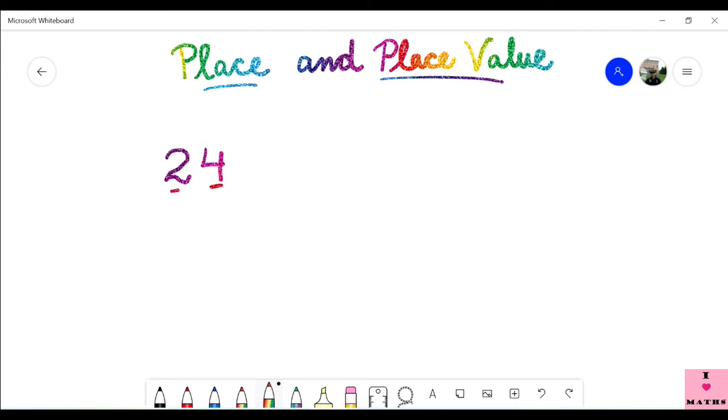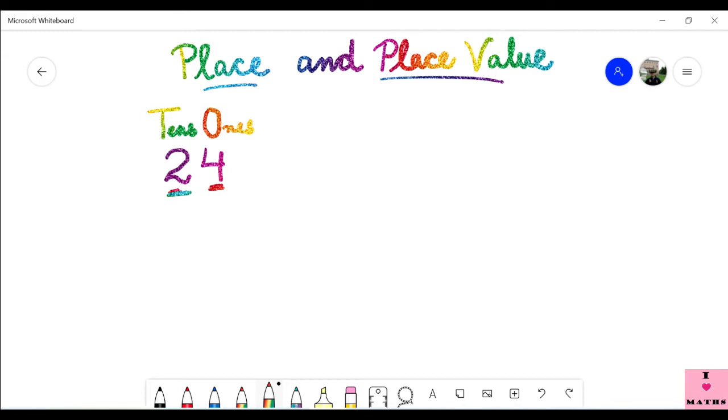We don't call this number 2 and 4. What do we call it? We call it 24. Now children, 4 is at the ones place and 2 is at the tens place. And since 2 is at the tens place, we call this number as 24.